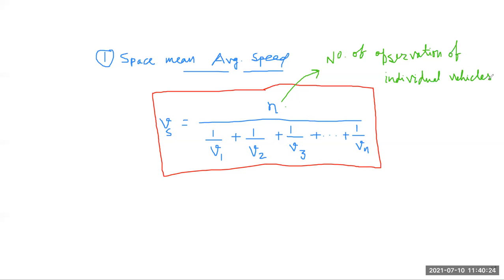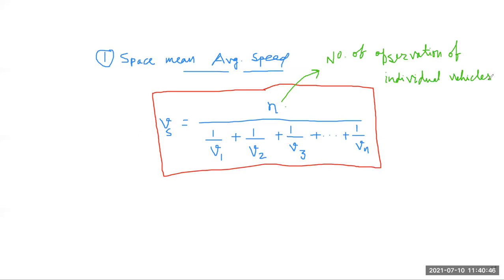So space mean average speed is the average speed of the vehicle in a certain road length or a certain stretch of a road at any time. Here it is obtained from the observed travel time of the vehicle over a stretch of a road.